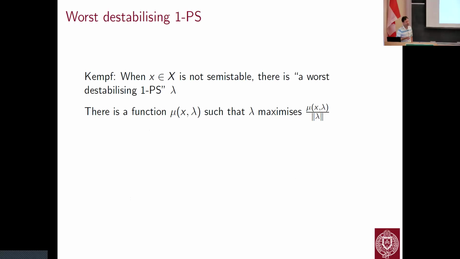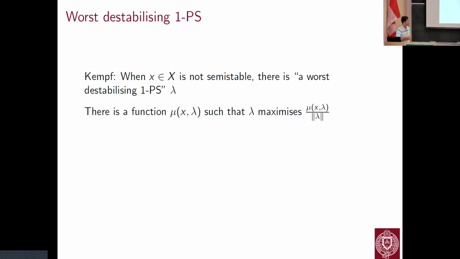Let me just mention a few facts about the unstable locus. Kempf proved a conjecture of Mumford that when something is not semi-stable, there is a worst destabilizing one-parameter subgroup lambda that is somehow the most responsible for what goes wrong.